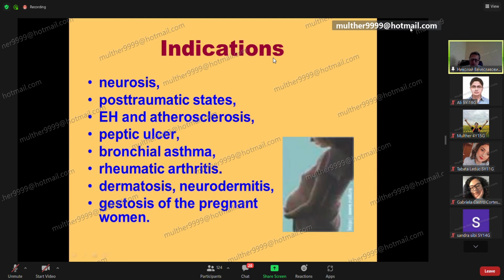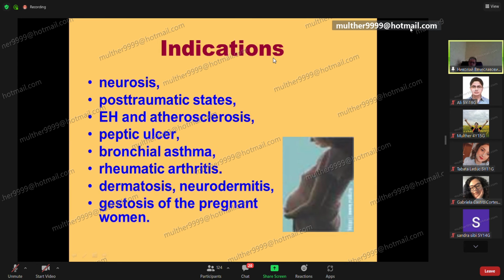The main indications of this procedure are neurosis, post-traumatic states, essential hypertension and atherosclerosis, peptic ulcer, bronchial asthma, rheumatoid arthritis, dermatosis, neurodermatitis with itching syndrome, which can lead to sleep disorders, to insomnia.